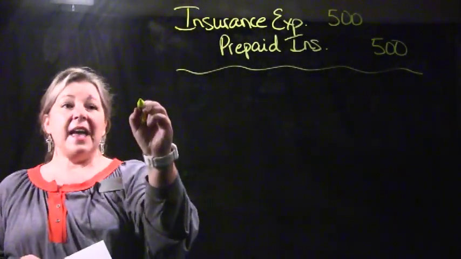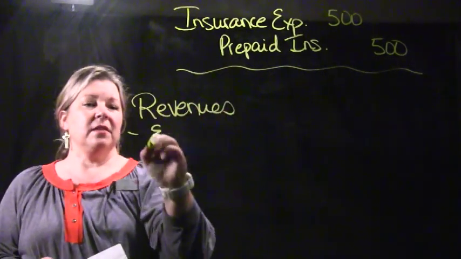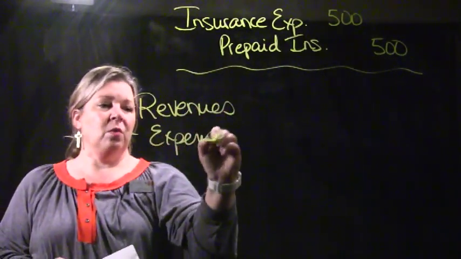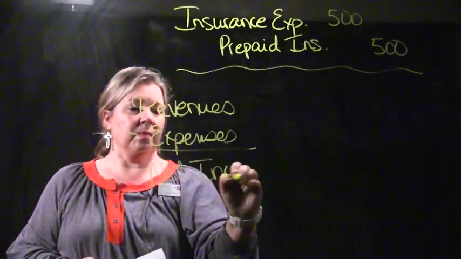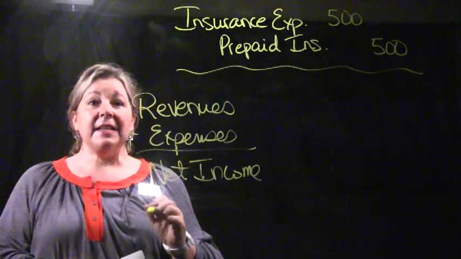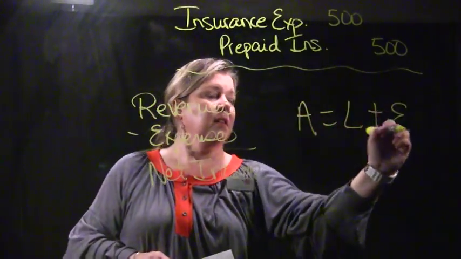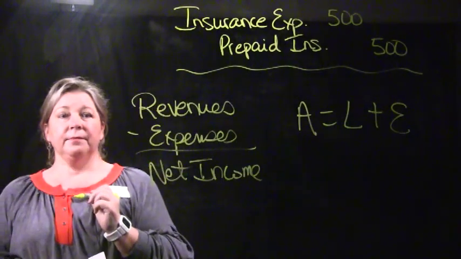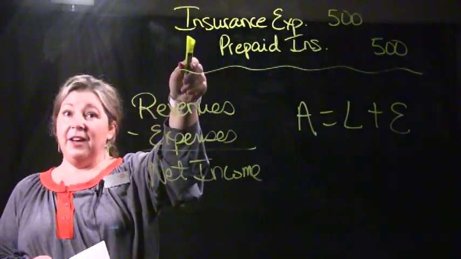So how is that going to affect my income statement? Revenues minus expenses equals net income. And how is it going to affect my balance sheet? Well, insurance expense is an expense account.